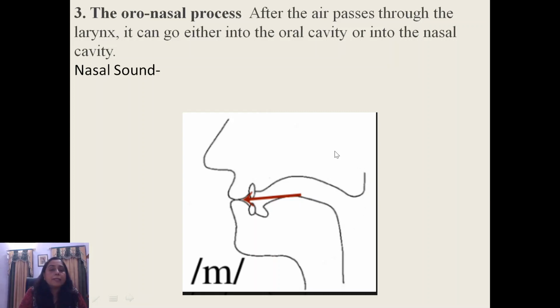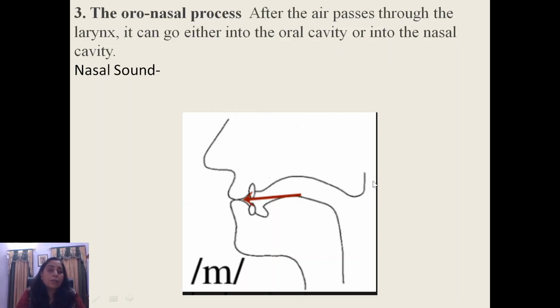Sometimes you must have seen some people who speak nasalized sounds. Even sounds like p or b that are spoken with the oral cavity have a little bit of nasalization, because when oral sounds are created, this makes a closure and the air escapes from here.